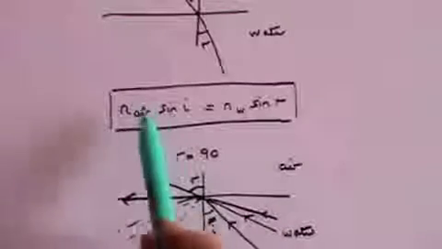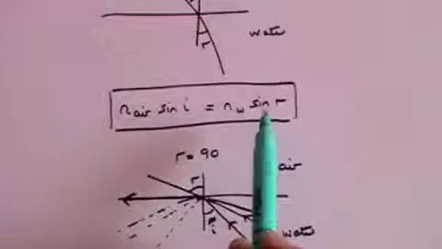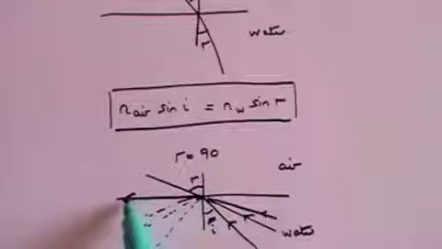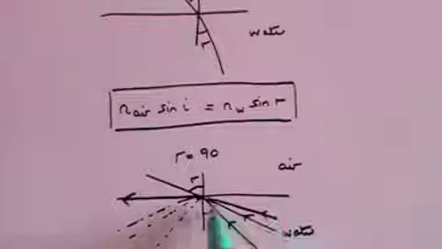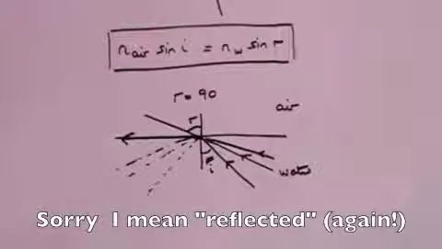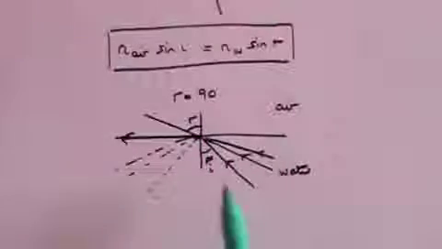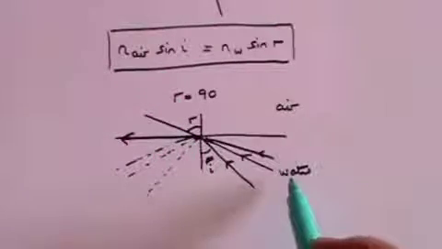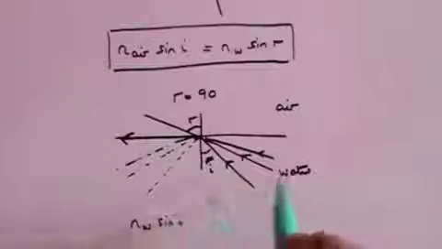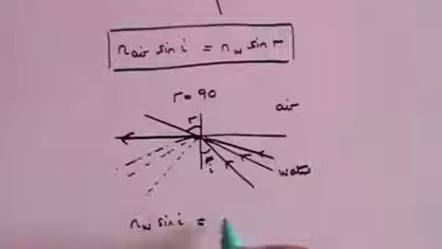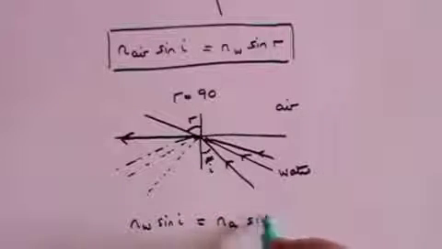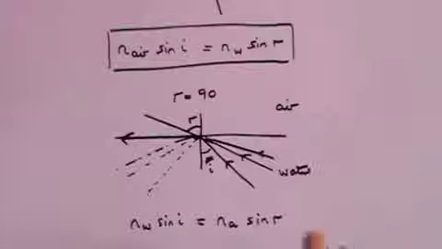And what we can do is to use this formula here to work out what's called the critical angle, the angle at which the light will only refract along the surface, and beyond that angle all the light will be reflected. And how do we work that out? Well, we have that the refractive index of water times the sine of the incidence angle equals the refractive index of air times the sine of the refracted angle.